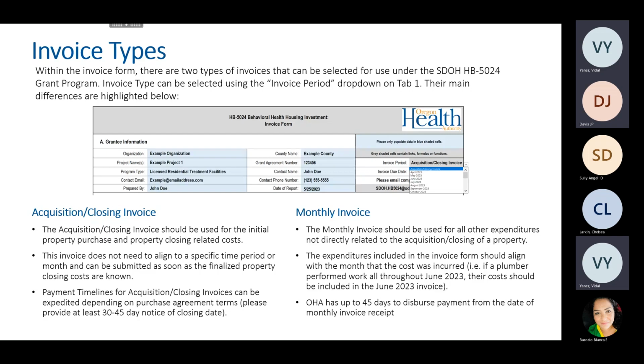So for example, if you incur a cost in the month of June, we request that you list that cost on the June 2023 invoice form. And again, like Blanca was mentioning earlier, payment terms for the monthly invoice are typically about 45 days after the receipt of a completed invoice form.